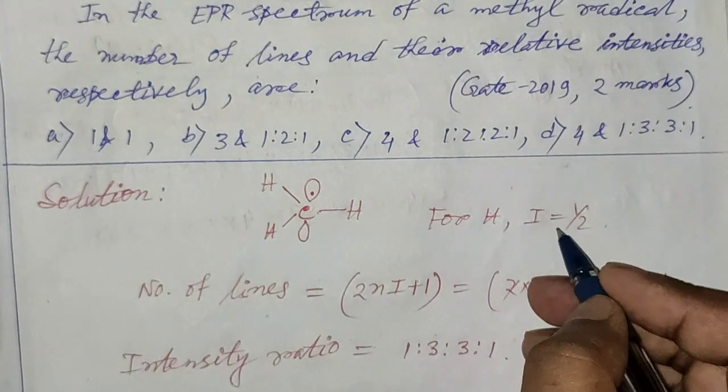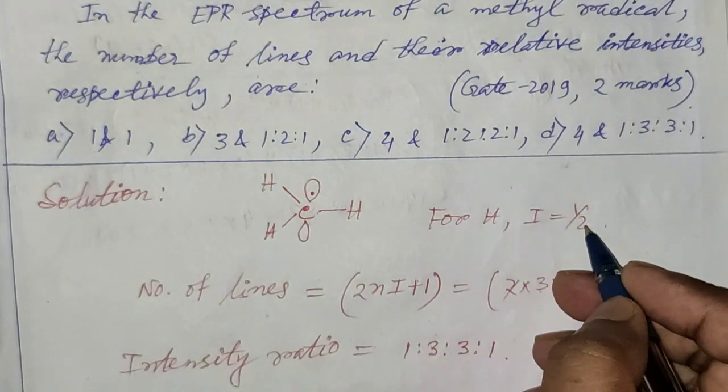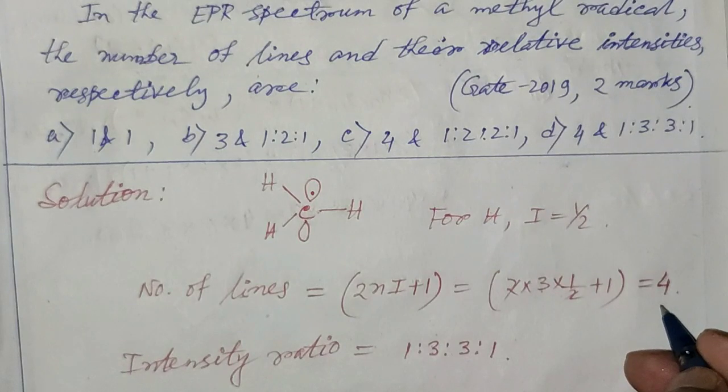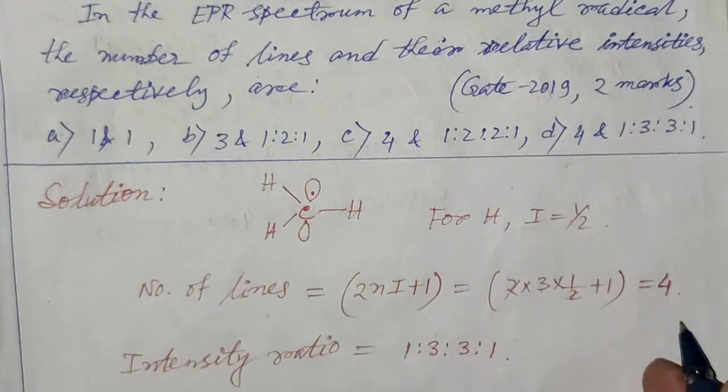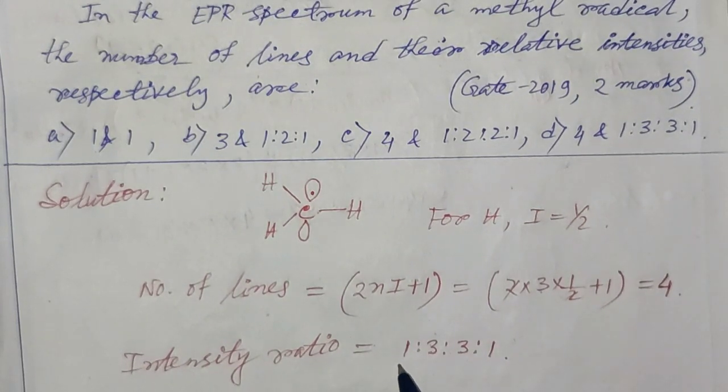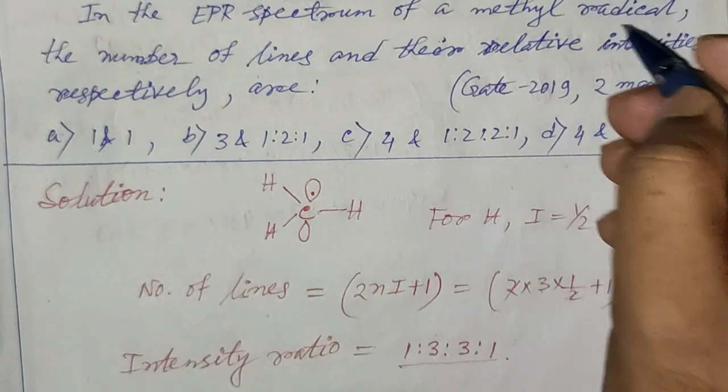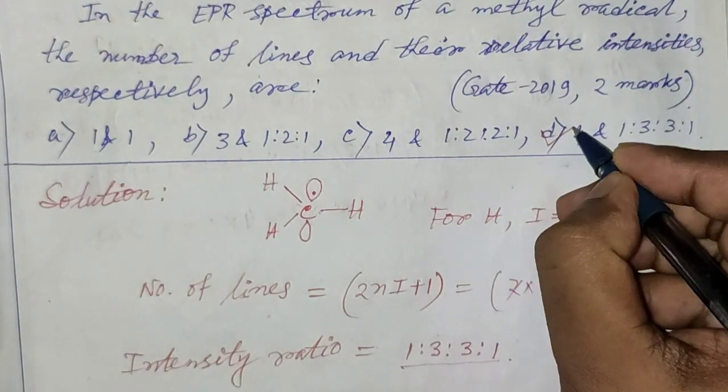Now since the I value is equal to half, the intensity ratio will follow the Pascal triangle rule, and for the quartet peak the intensity ratio will be 1:3:3:1. So option number 4, option D, is the correct answer.